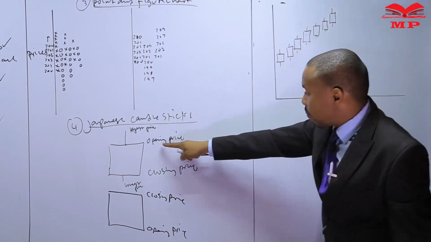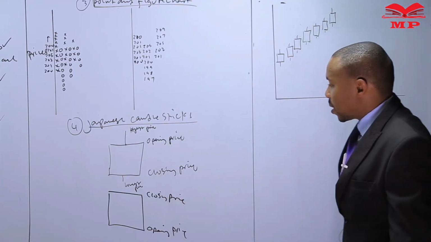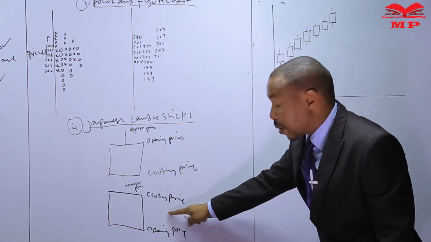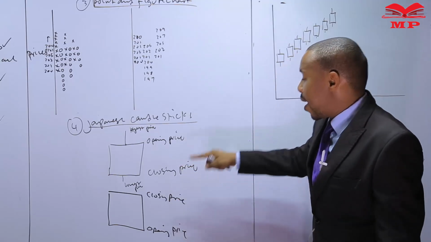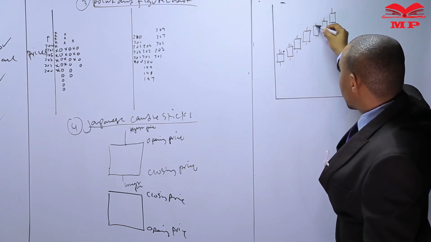Remember, if you're looking at it from this perspective over here, you'll have the opening price being over here, the closing price being much lower. But now, this scenario is usually very typical when you're having a bullish trend, where you have a closing price moving higher and higher and higher. So here you have the closing price, closing price, closing price, and so on like that.